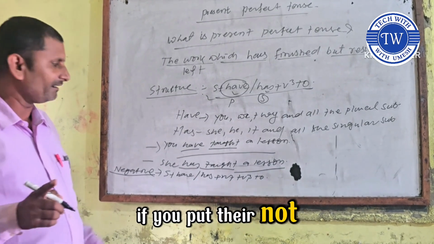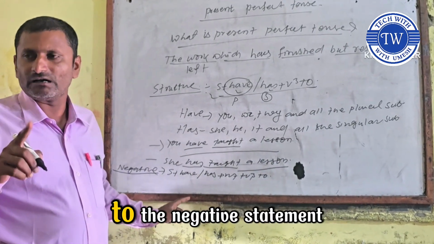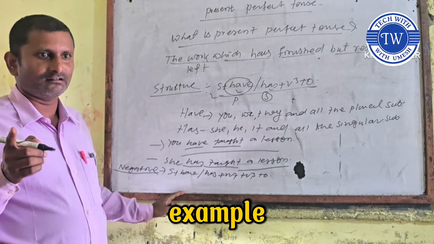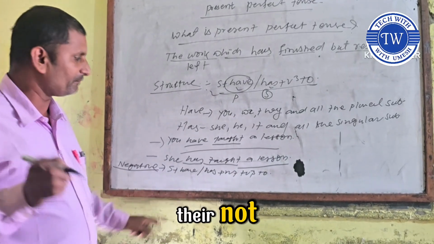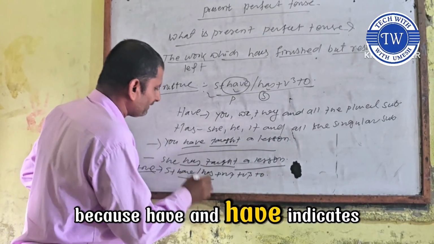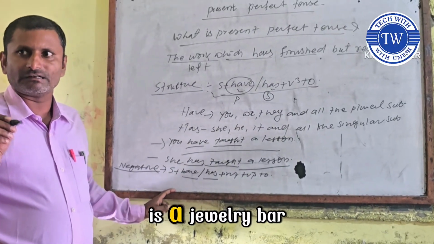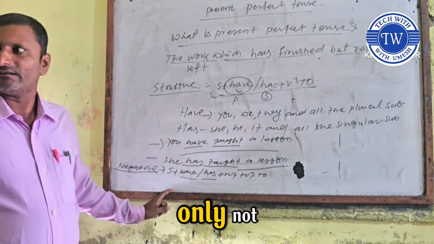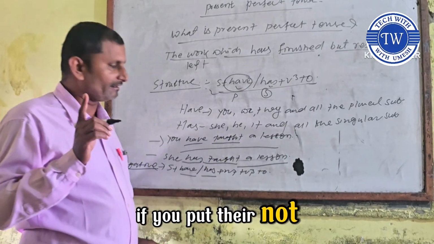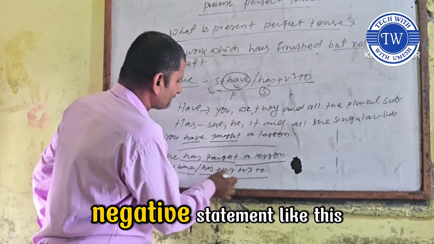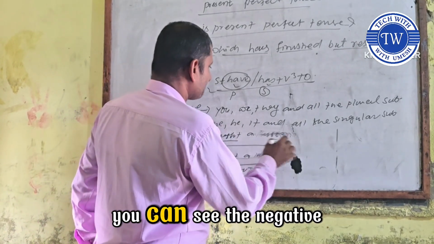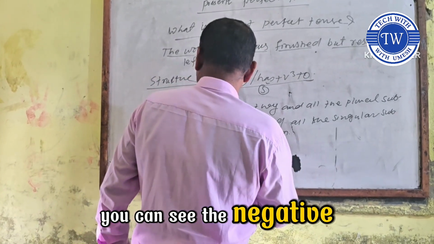If you put not, it means the sentence refers to a negative statement, because have and has indicate the auxiliary verb. Like this, you can say the negative of this sentence.